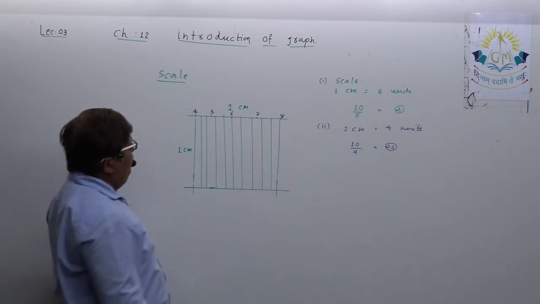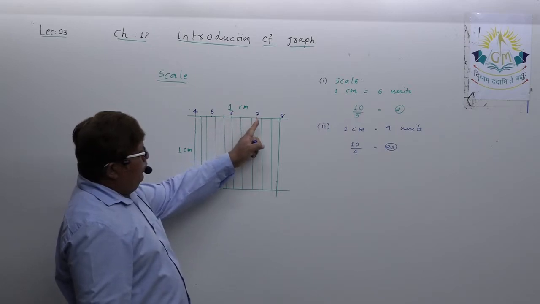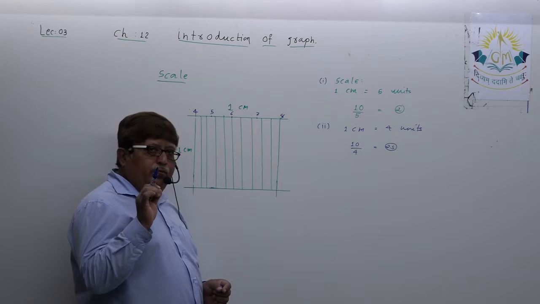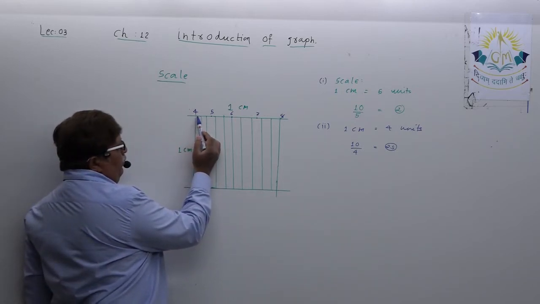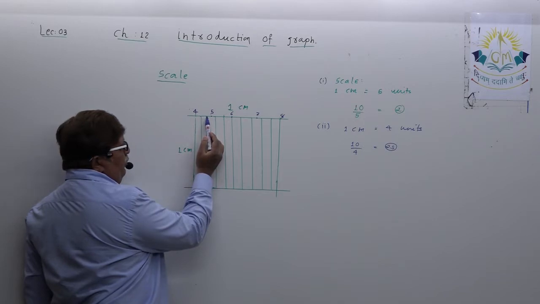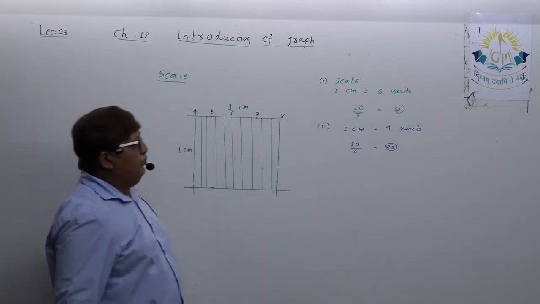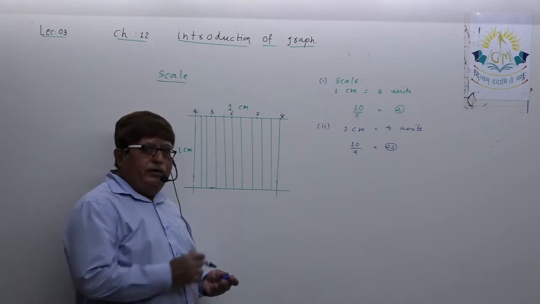You understood this? 4 to 5, 5 to 6, 6 to 7, 7 to 8. Every 2.5 lines. How will you get 2.5? So this is 1, this is 2, 2.5. First line 1, 2, 3, 4, and 5. 2.5. You understood this? This is scale factor.